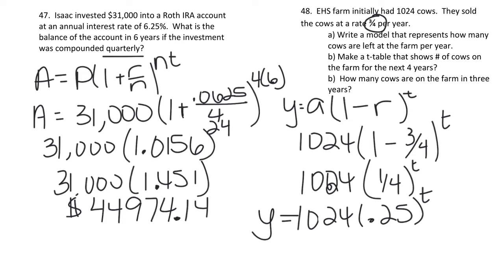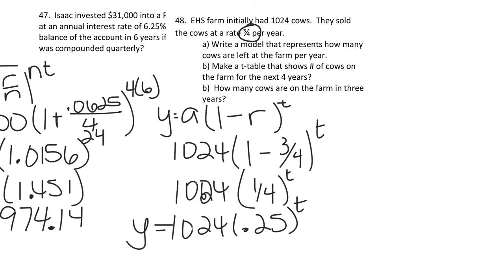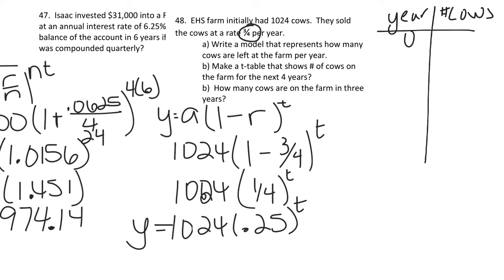Make a table to show the number of cows on the farm for the next 4 years. So let me make a little space over here. Let's see. So it's the year and the cows. So on year 0, we have 1,024 cows. And we sell off 3/4 of them. That means we are keeping 1/4 of them, so 0.25. 0.25 of 1,024 is 256.